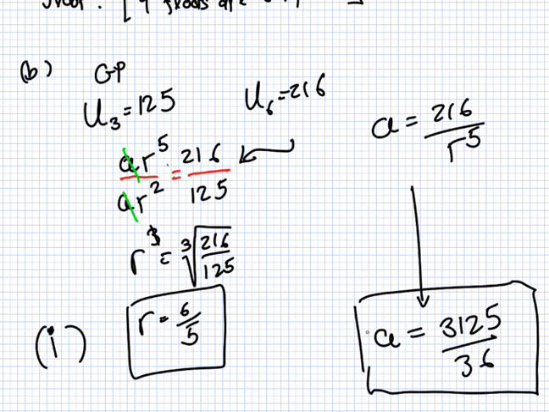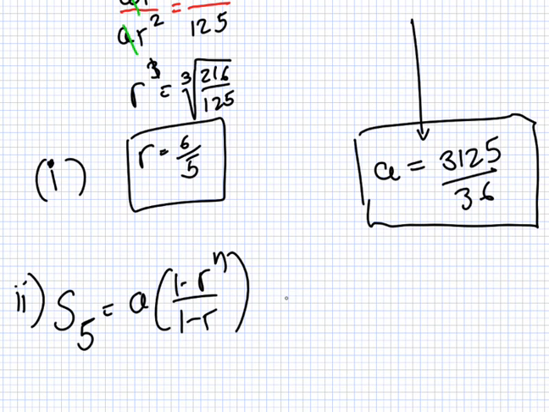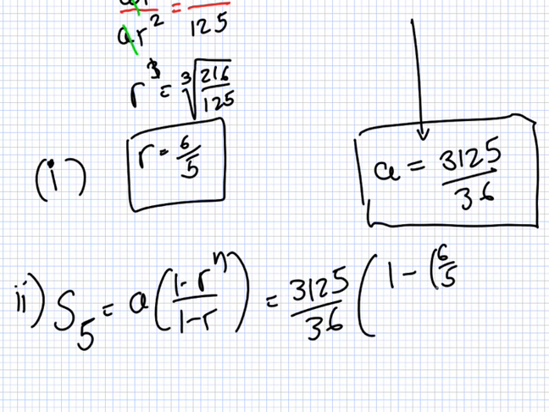I can scroll down? Yeah. So the next part is find the sum of the first 5 terms. So S5 equals a times 1 minus r^n over 1 minus r. So here that would be 3125 over 36 times 1 minus 6 over 5 to the power 5 over 1 minus 6 over 5.